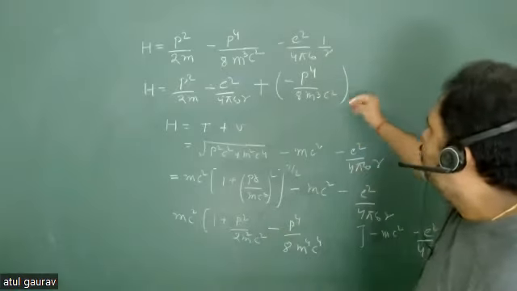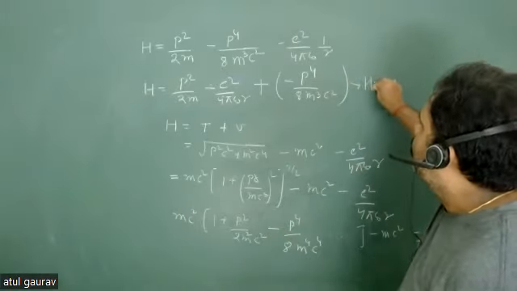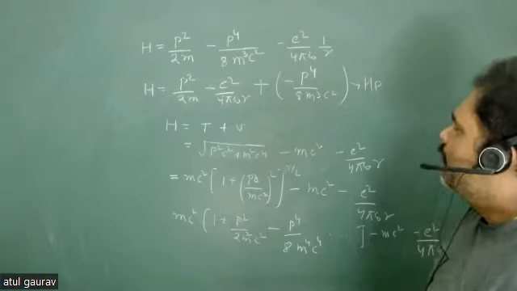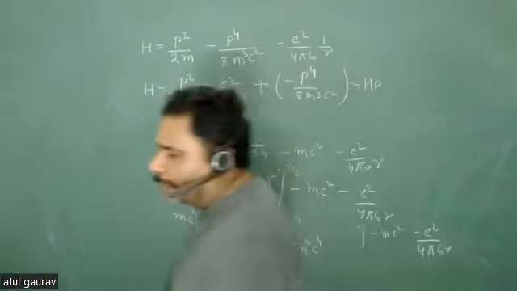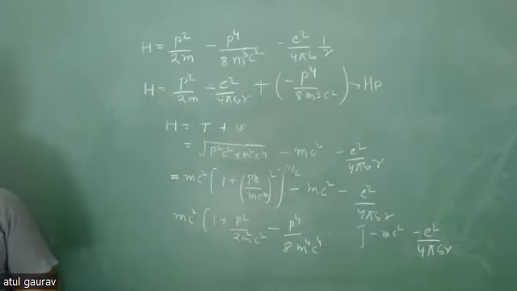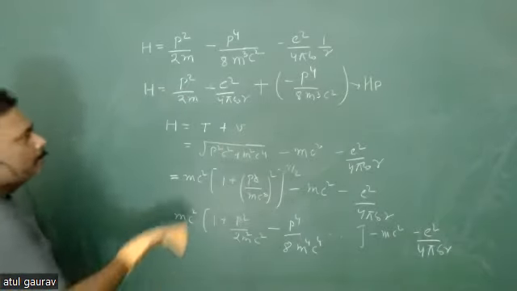We can use it as my perturbation term. And for the first order correction, we have to find the expectation value of what? P to the power 4. That is what it will be.